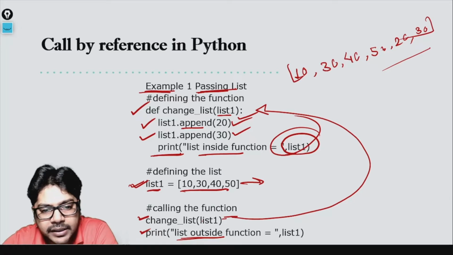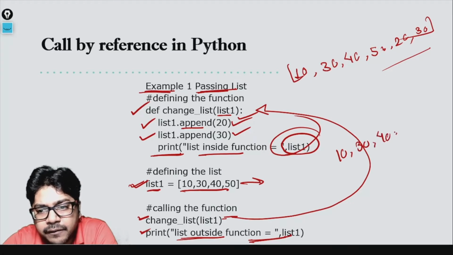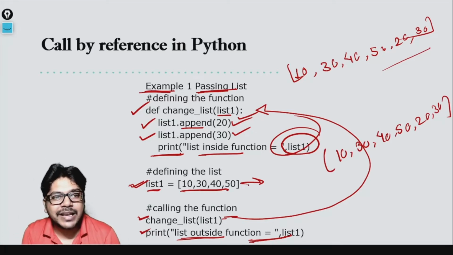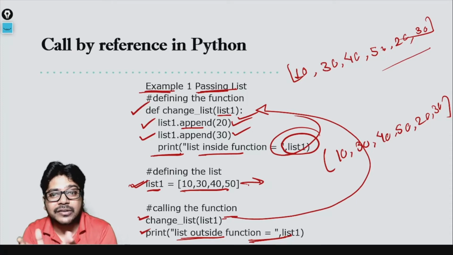When you print the list outside, it will also have the same values 10, 30, 40, 50, 20 and 30. The reason is that both the lists were the same. This is what call by reference means. Second thing is that a list is mutable. You can edit it, you can change it.